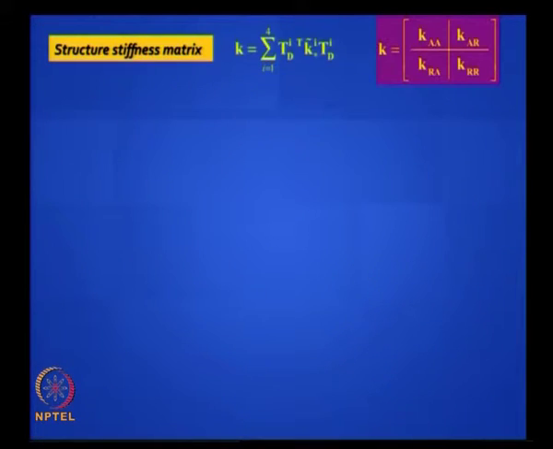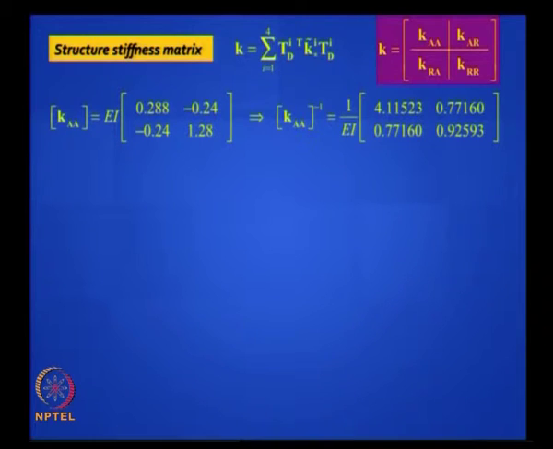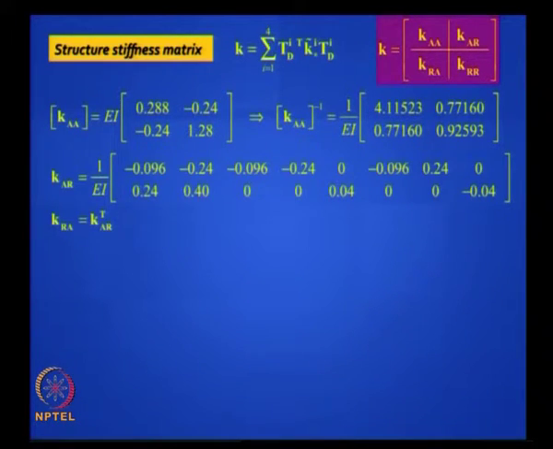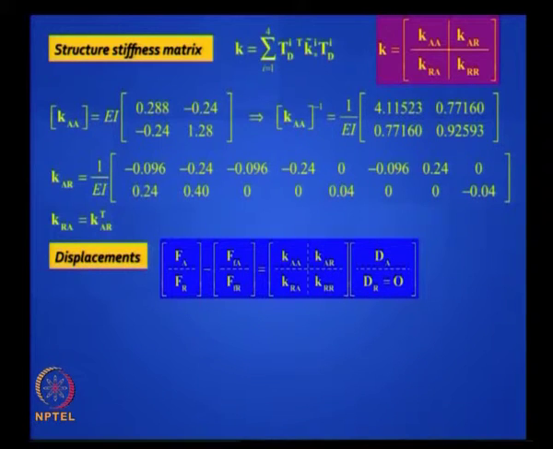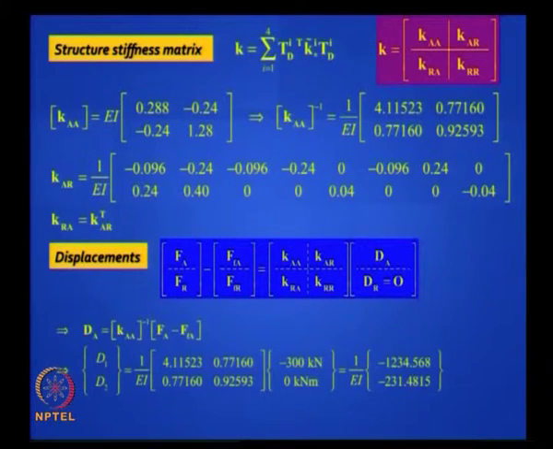You have got the T matrices, TD matrices. This exercise is best done with the help of maybe MATLAB or something. You can get Ka and you can get Kar, you can get Kra, you can find the inverse of the Ka matrix and you use the standard equilibrium equation, find the displacement. Okay, you have got D1 and D2, you got the net load vector, so it is easy to find out.